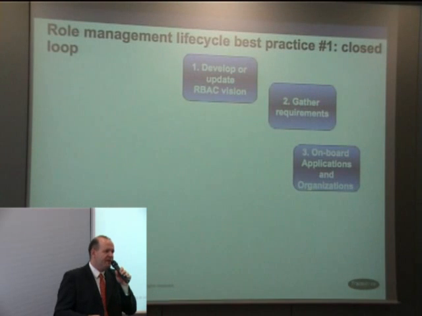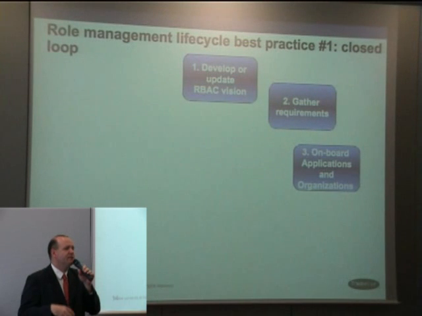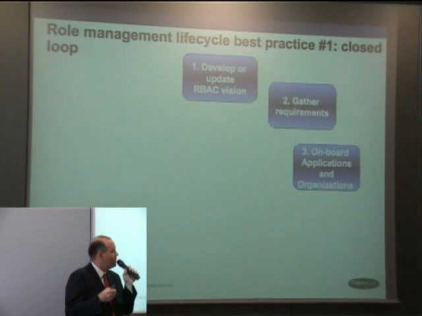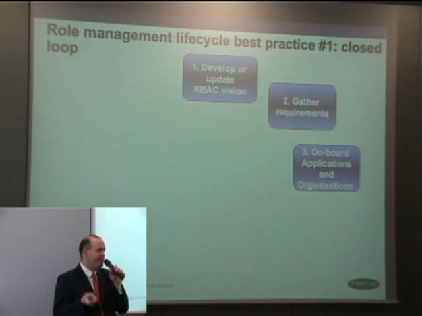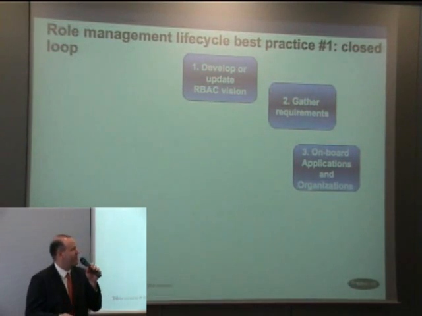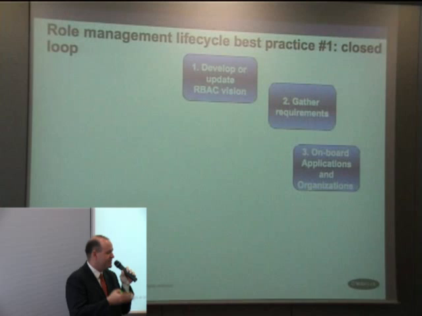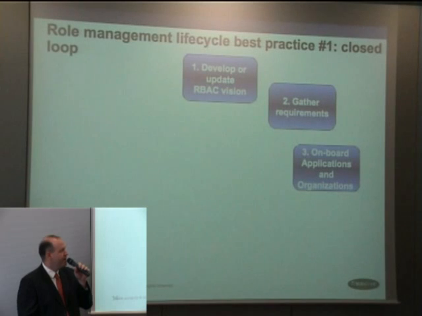There are multiple ways you can look at criticality of applications. You can look at whether an application is SOX critical or not, etc. At the end of the day, what this boils down to is that you have to have some method to your madness, right? That's another expression here. You have to have some strategic and planned approach as to how you're going to onboard applications and organizations.